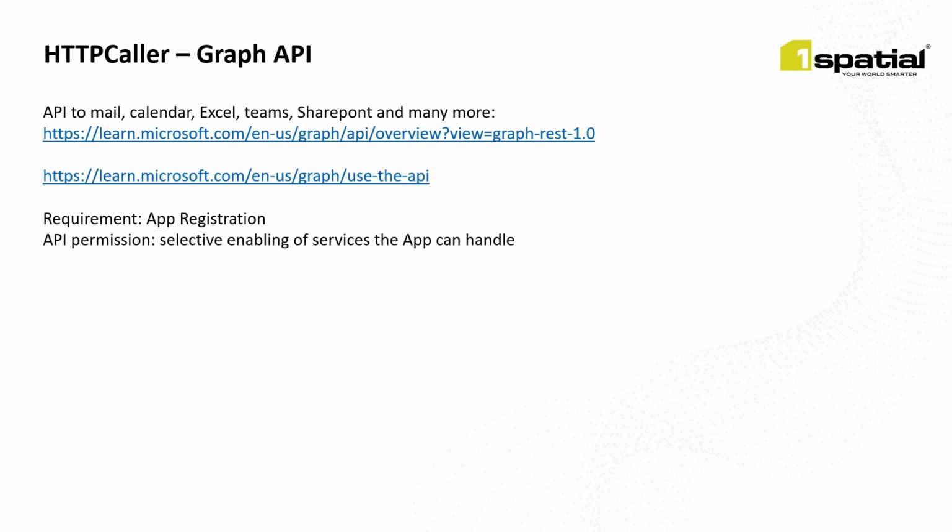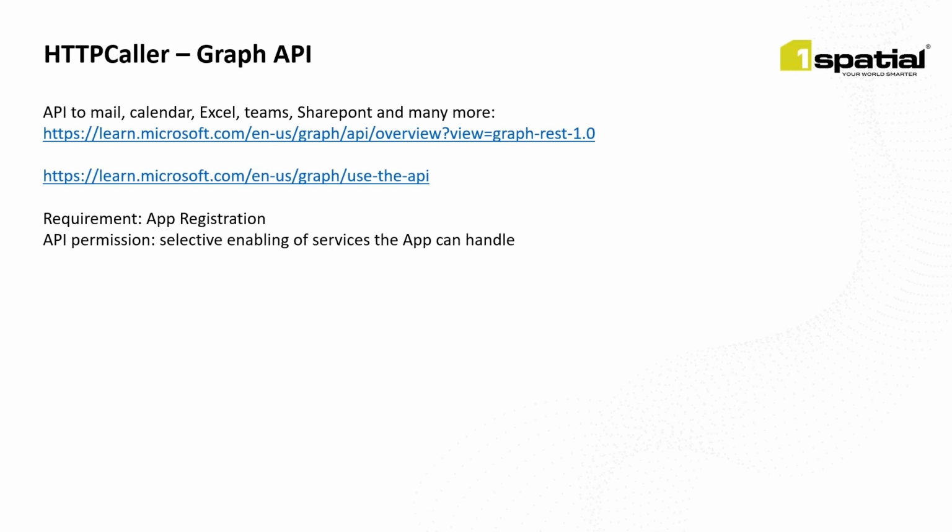Also, you can use Teams, so you can send messages to the Teams channels. And you can access SharePoint and do a lot of things there. The range of the APIs in the Graph can also be found on Microsoft pages, and also a generic description of how to use the API. So basically all documentation is available.